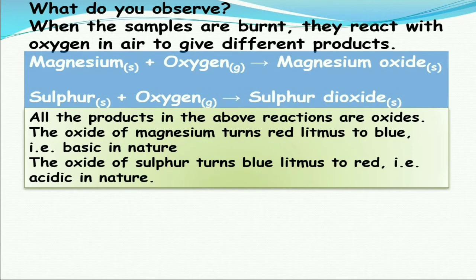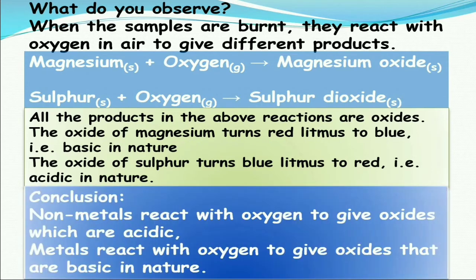But the oxide of magnesium turns red litmus to blue, which means it is basic in nature, while the oxide of sulfur turns blue litmus to red, that is, acidic in nature. So we conclude that non-metals react with oxygen to give oxides which are acidic in nature, and metals react with oxygen to produce oxides that are basic in nature.